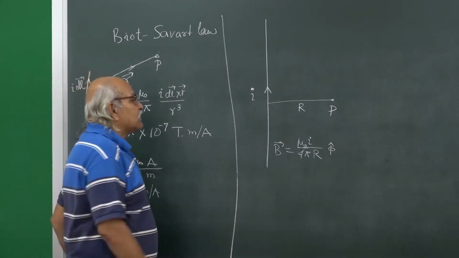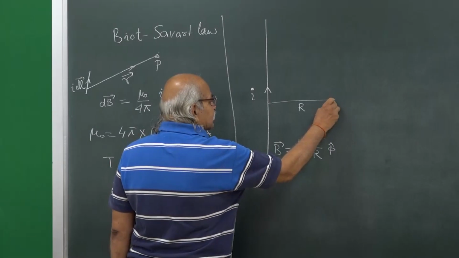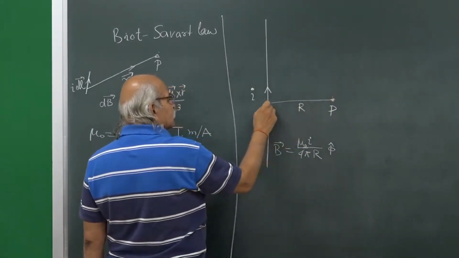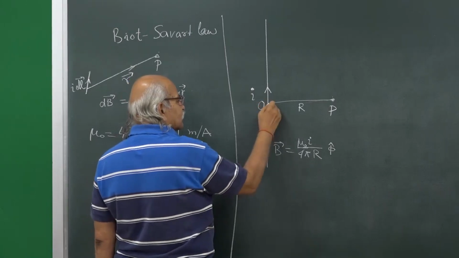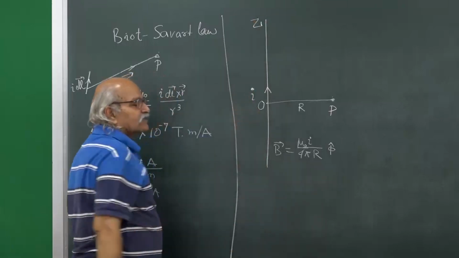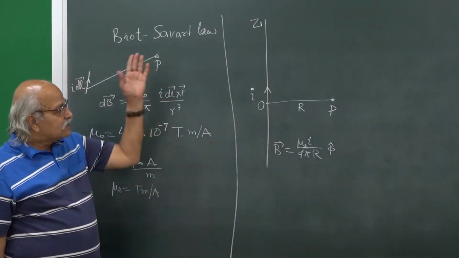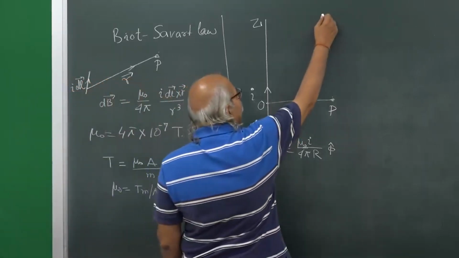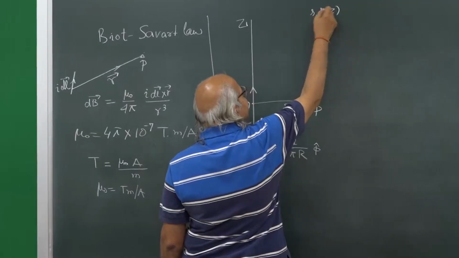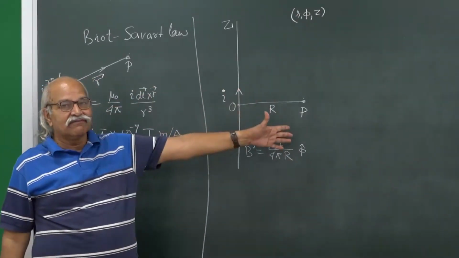So, remember cylindrical polar coordinates: we take an origin. Since this is a given point and this is a given line, I can put the origin at the foot of the perpendicular, O, and take this as the z axis. The coordinates of any point are given in terms of s, phi and z. S is the axial distance of the given point.